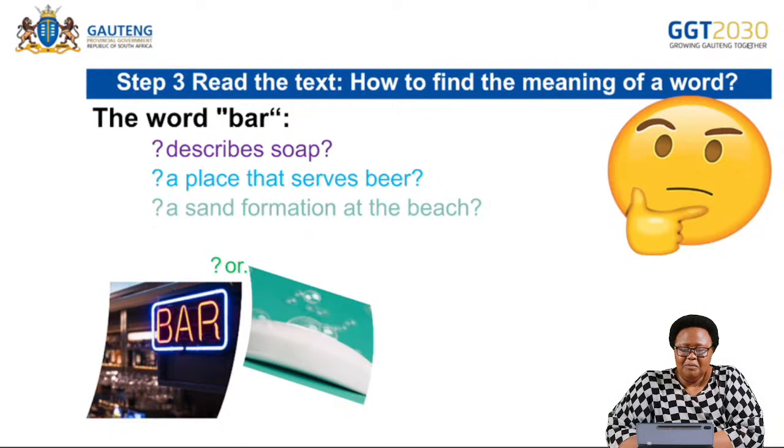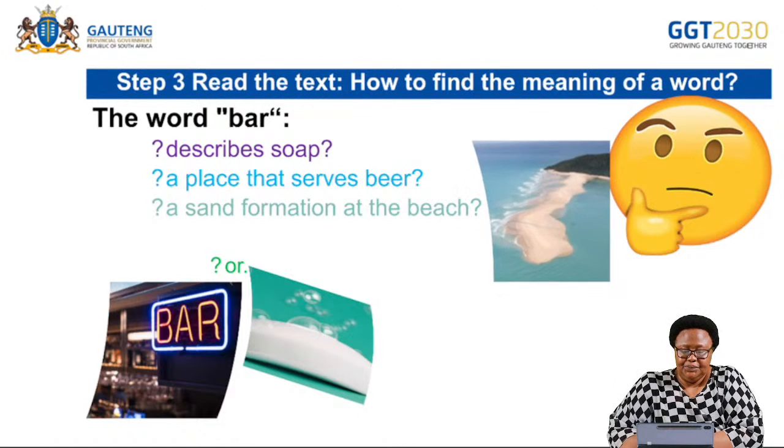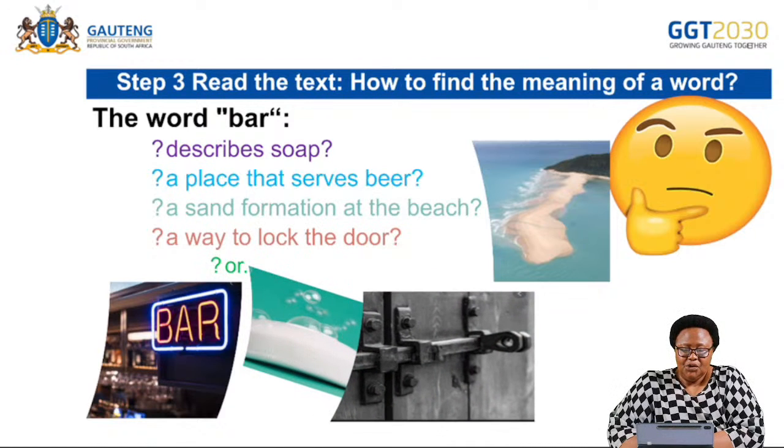It can be a sand formation at the beach. It can be a way to lock the door. So you can see that it's very important to look at the context of the passage when you find meaning.